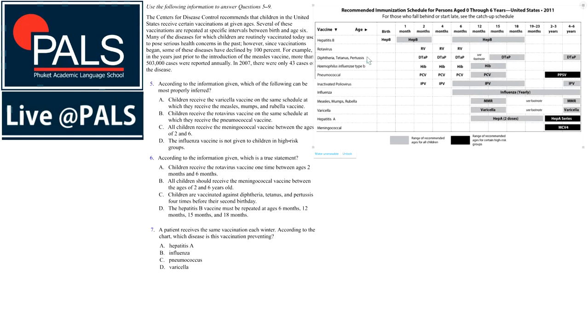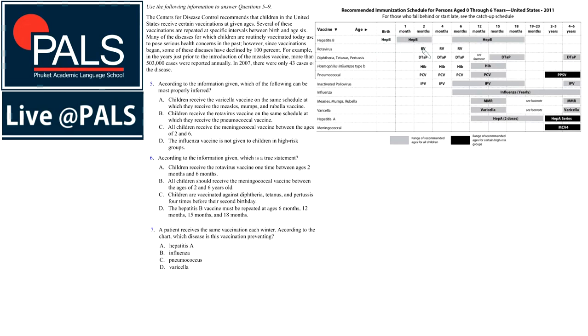And to understand this table, let's have a look at this. So we can see the different vaccines that are given and the ages here on top at which the vaccines are supposed to be given, and then we can see the time frame or the age at which the vaccine should be given.